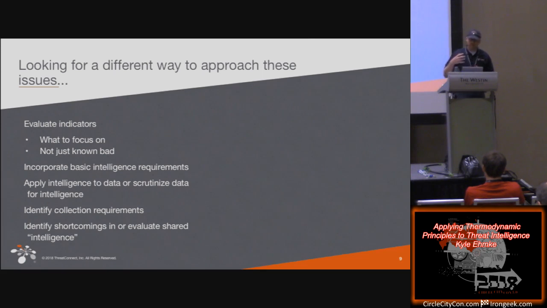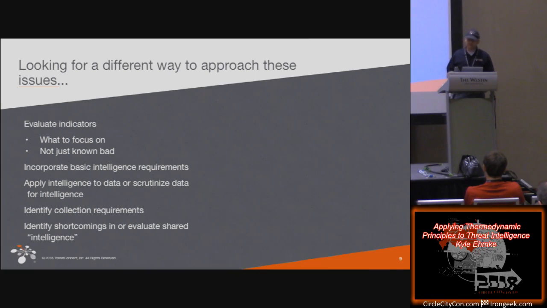So ultimately, with all these issues and thoughts swirling around in my head, I wanted to find a different way to approach these issues. I wanted to find a way to evaluate indicators to identify those that should be focused on or take priority. I also wanted to take into account things that weren't known bad and push that proactive defensive effort.